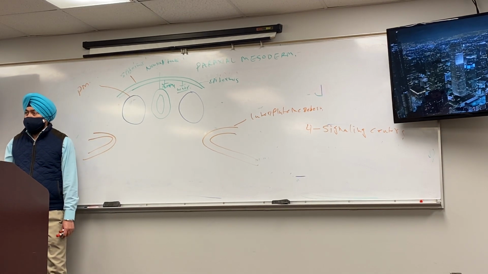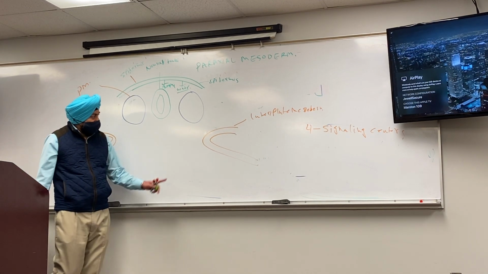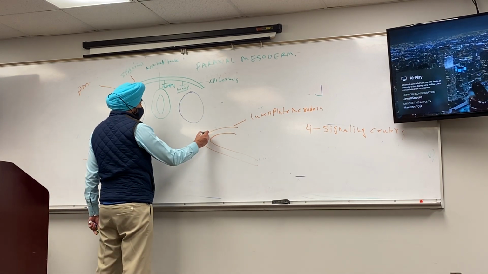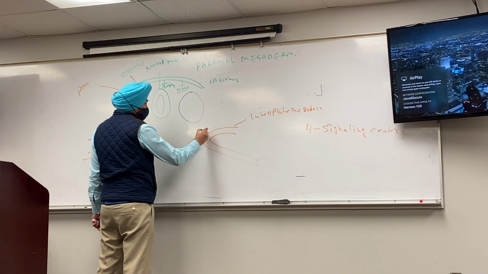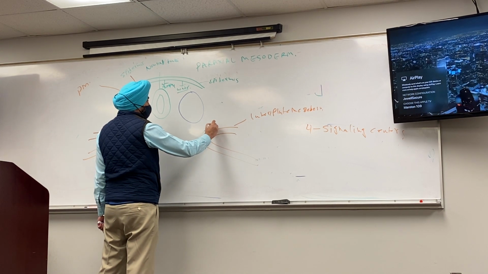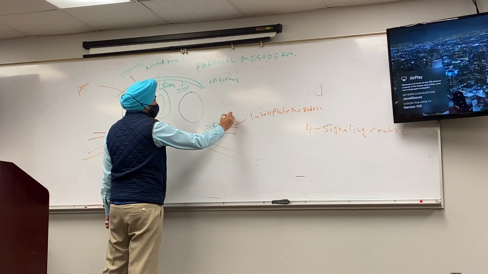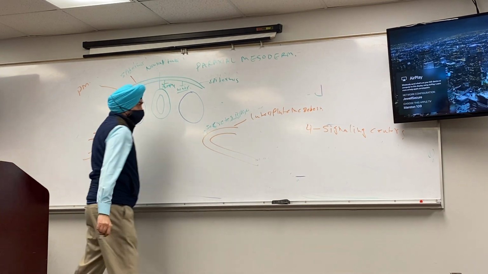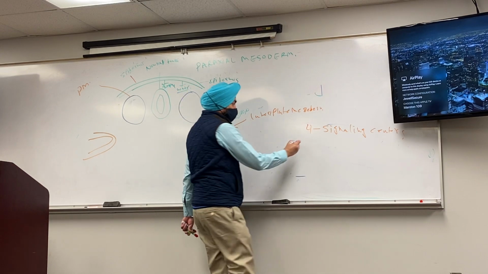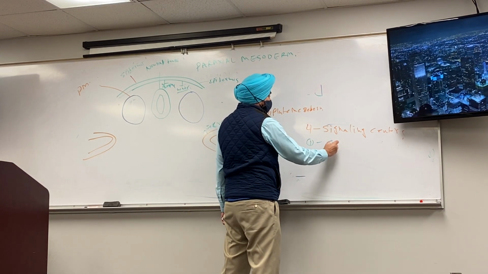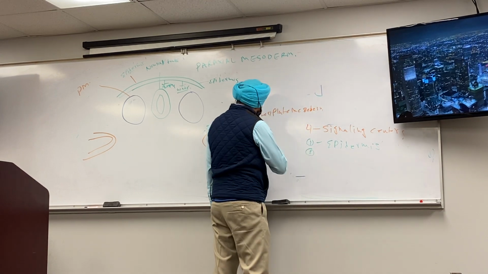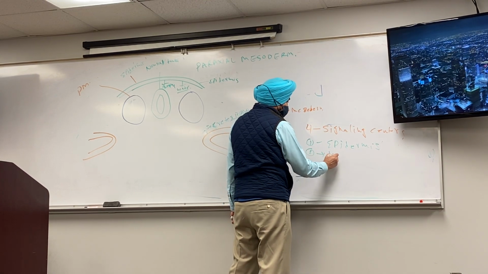Okay. Then this lateral plate mesoderm which is here, it also secretes BMP. So 4 signaling centers. Number 1 is epidermis. Number 2 is lateral plate mesoderm.